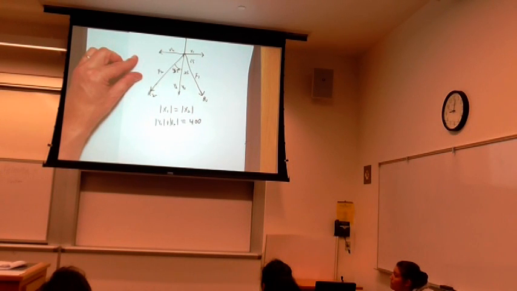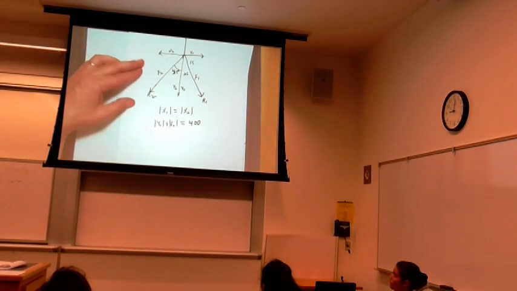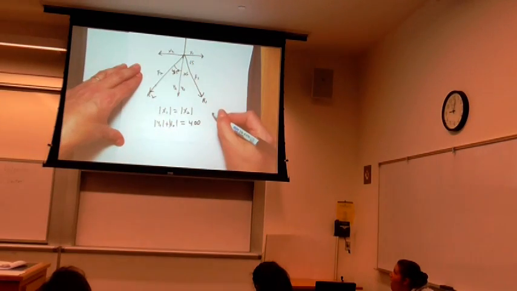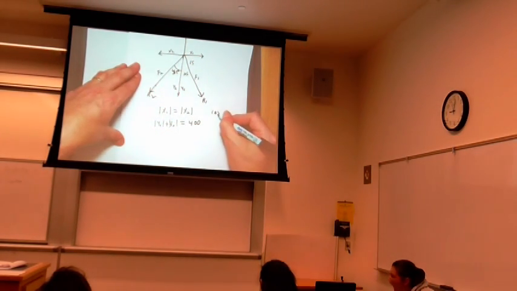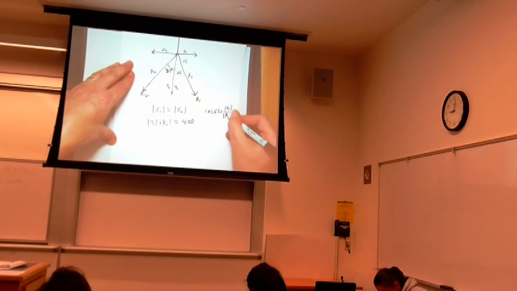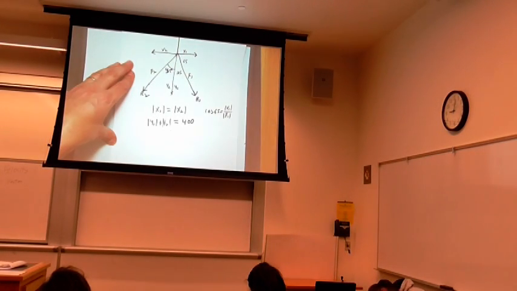Cosine. Okay, good. So how does that work? The cosine of 65 is the magnitude of x1 over the magnitude of F1, right?